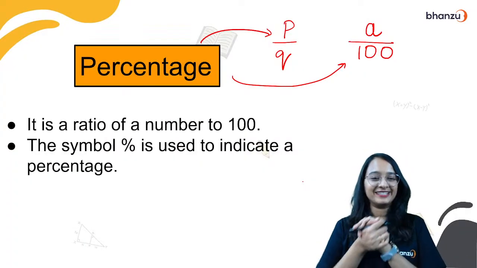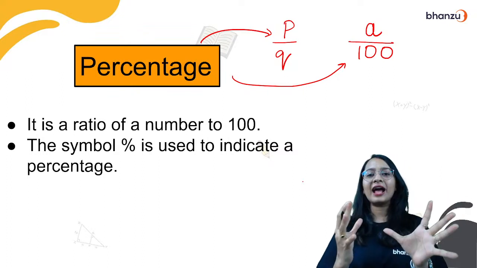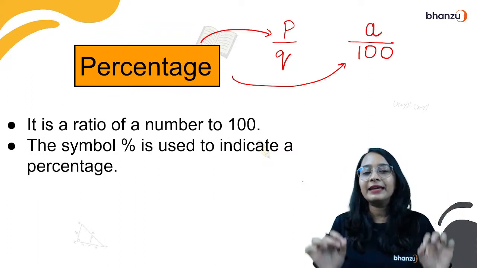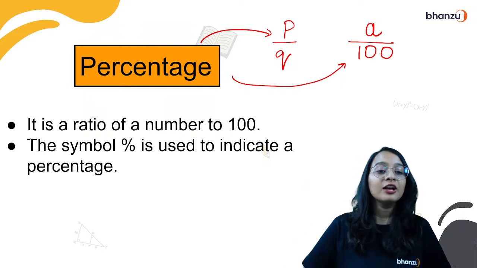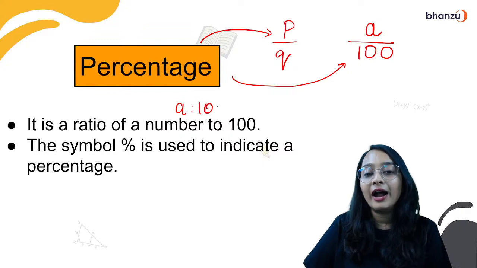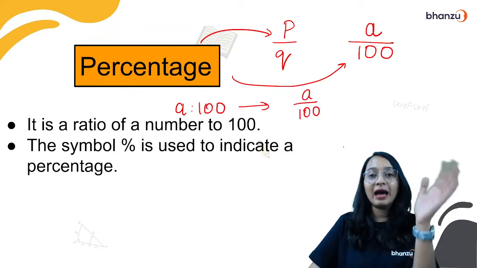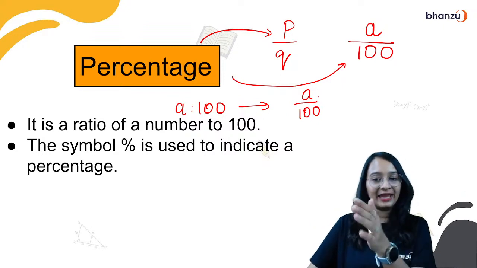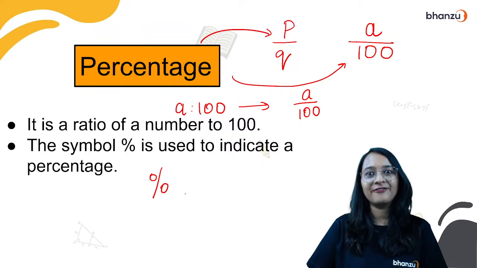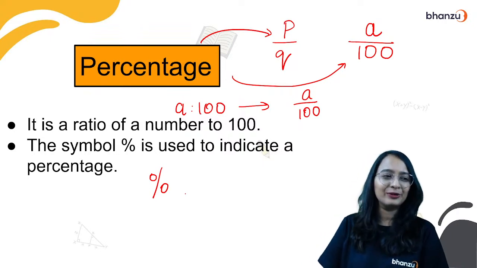Okay, so coming back to our concepts, where are we? Yeah, percentages, right? So percentage is also a fraction, but the denominator is always 100. The numerator can literally be any number possible. So it is the ratio of a number to 100. That's how we write A by 100. And what is the symbol that we use? This is a very interesting and scary symbol also.